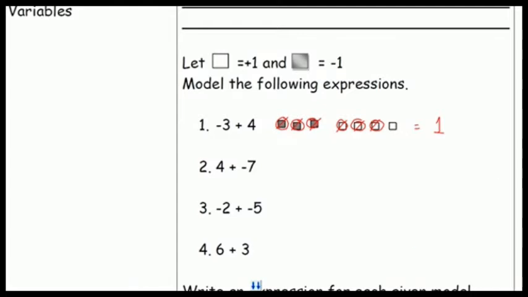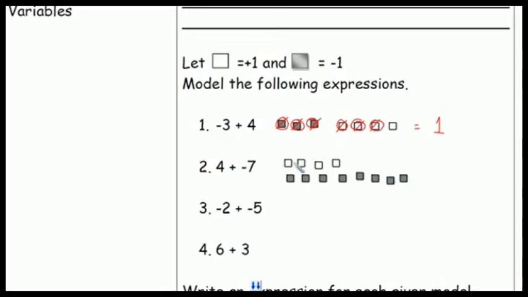Okay, I'm gonna do the next one with you, and I'm gonna line them up vertically so that you can see how they group together. So I have 4 positives. Remember, the positives are the ones that are not shaded. So I'm gonna draw 1, 2, 3, and 4 positives, and then 7 negatives, 7 with shades inside. So I'm gonna do 1, 2, 3, 4, 5, 6, 7, and 8.